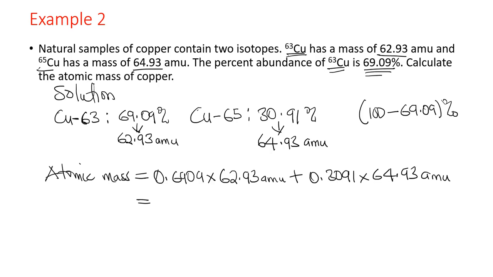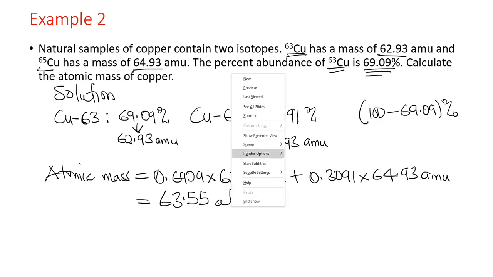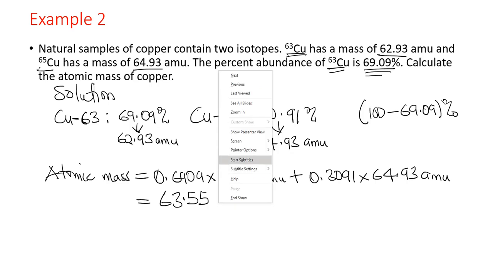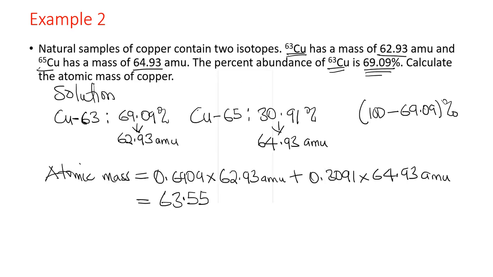After the calculation, we find that the atomic mass of copper is 63.55 AMU, which is atomic mass unit.